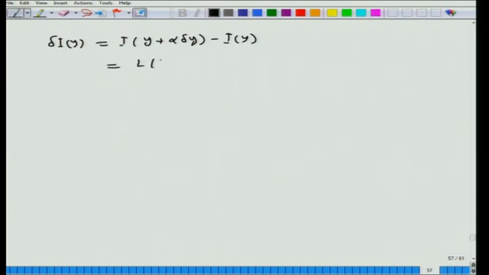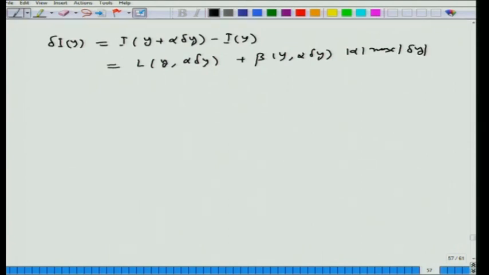to L y alpha delta y plus beta y alpha delta y, times mod alpha, maximum of delta y.